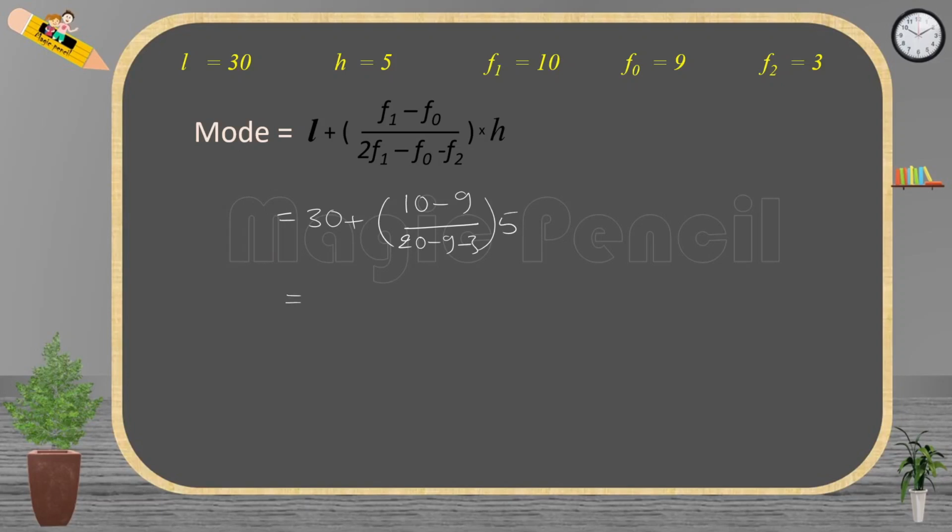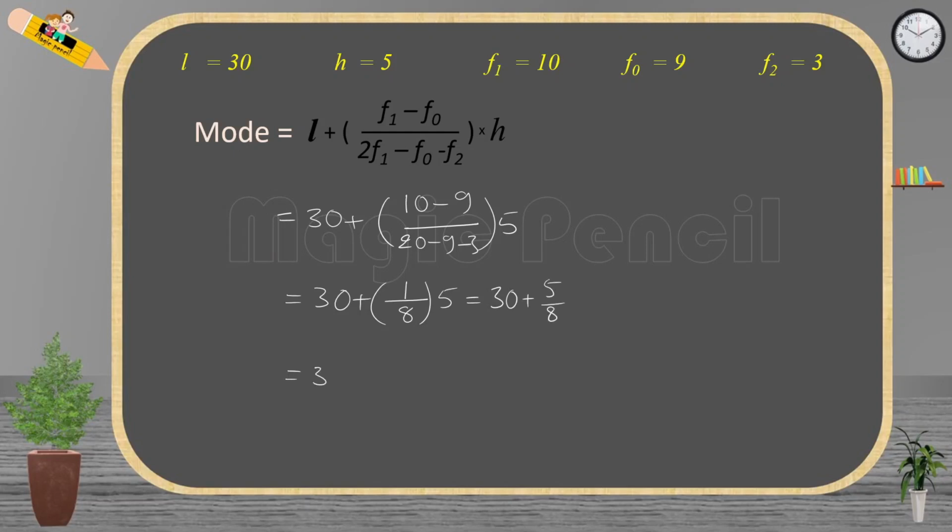So we have substituted. Now let us simplify the values. 10 minus 9 you will get 1, and 20 minus 12 is equal to 8 because 9 plus 3 is 12, into 5. And then 30 plus 5 by 8.